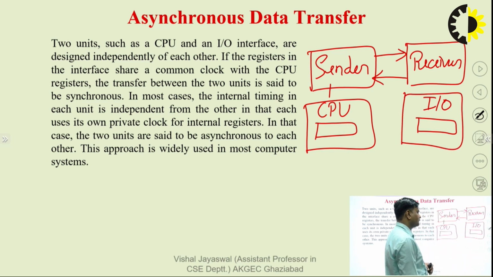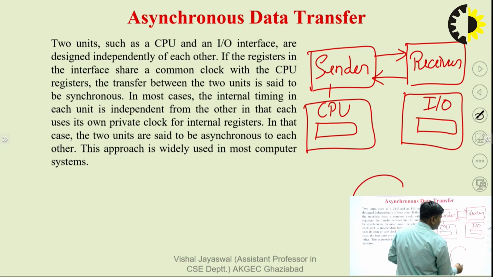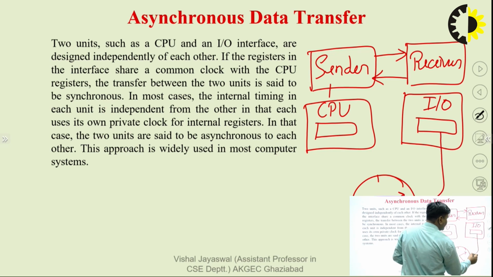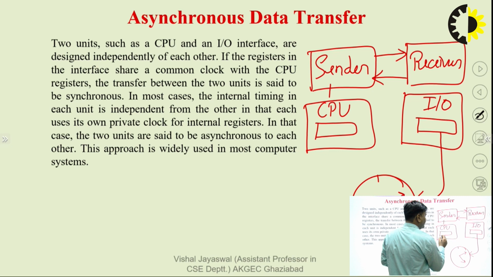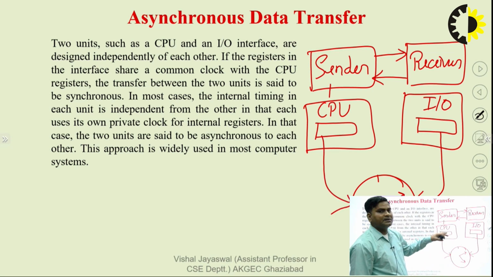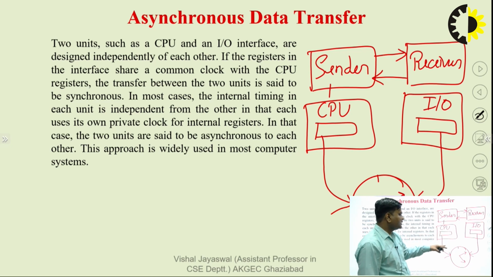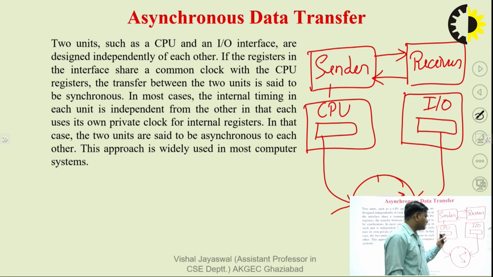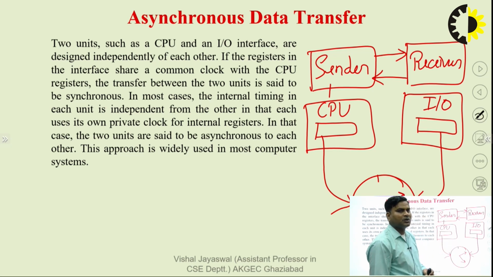Then if the CPU register and I/O register have a common clock, that is used by the I/O device register and CPU register, meaning both the sender and receiver, the CPU and I/O, use the same clock, then this is called synchronous data transfer.